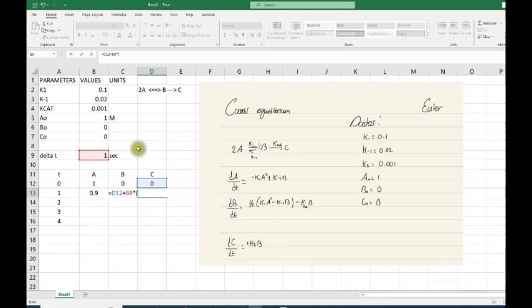And that would be K2, which in this case is K catalytic, times B, close parentheses. And now B9 is a constant, B4 is a constant. I think that we are okay here, enter.